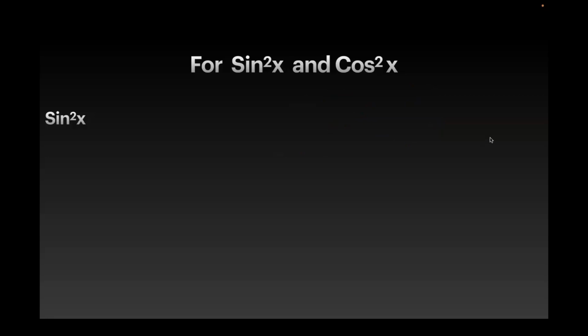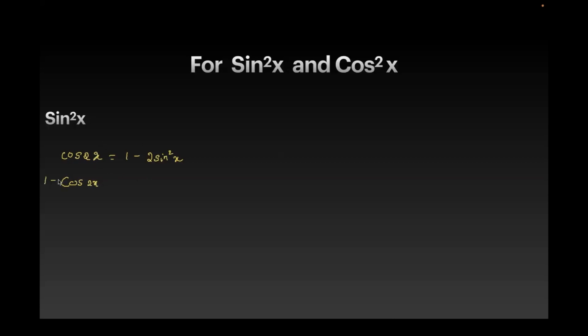Assume you have integration of sine square. Let us see how to solve this. First, you saw sine square, so you will use the cos 2x formula. Cos 2x is 1 minus 2 sine square x. You want sine square, so I will take cos 2x this side.